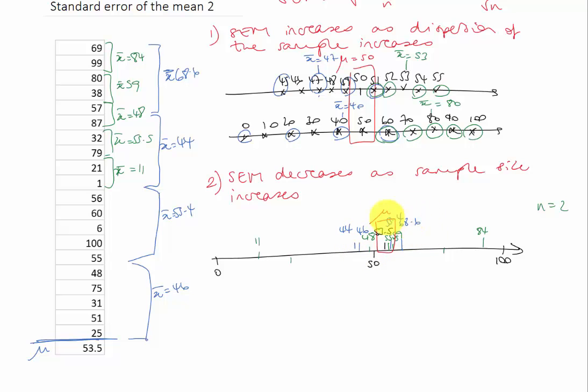So you can see this cluster here from the slightly bigger samples are quite much closer to the true population mean than this big spread with the smaller sample size. And then finally, let's just do one more. Let's have a sample size of 10. So then we've got 56.3 and 50.7. So that's even better.